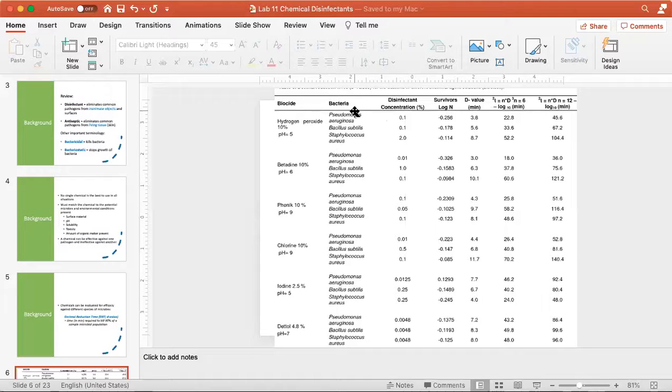I'm not killing all of them, but I'm killing 90% of them at 3.8 minutes. Now you can see the numbers are different for different species, right? For Bacillus subtilis, I have to leave the hydrogen peroxide on longer. I have to leave it for 5.6 minutes. For Staph aureus, I have to leave it on for 8.7 minutes.